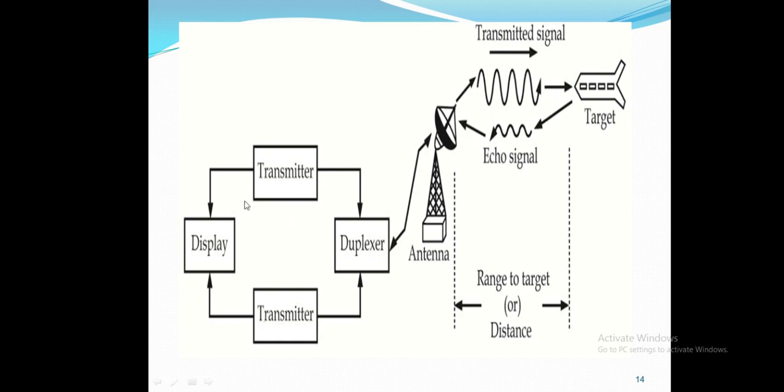Okay, so the function of the transmitter: it generates high power signals at microwave frequency range. The generated high power signal, that is the electromagnetic signal, is radiated into space by using the antenna.